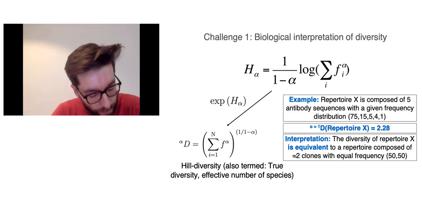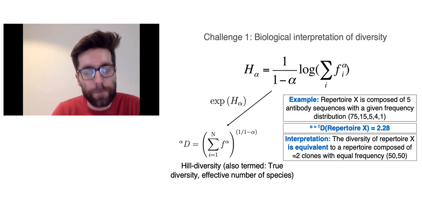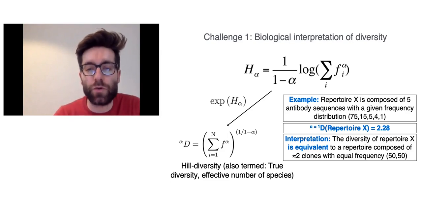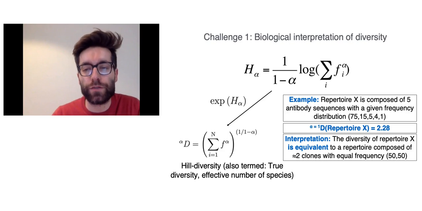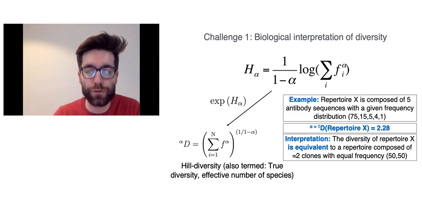Then unfortunately, the problem is, this Rényi entropy or Hill diversity gives us a number, but what does it actually mean? So there is a very nice interpretation of that. For example, here we have a repertoire X of 5 sequences, which have a given frequency distribution.